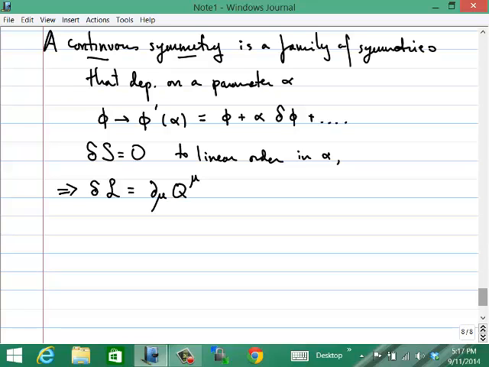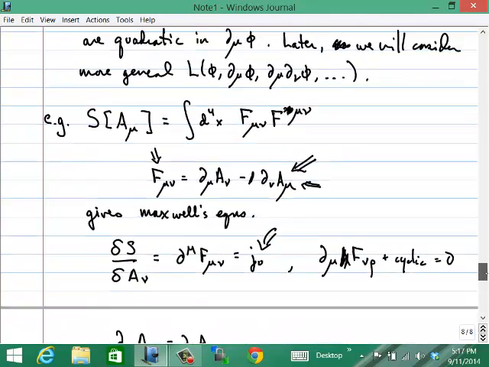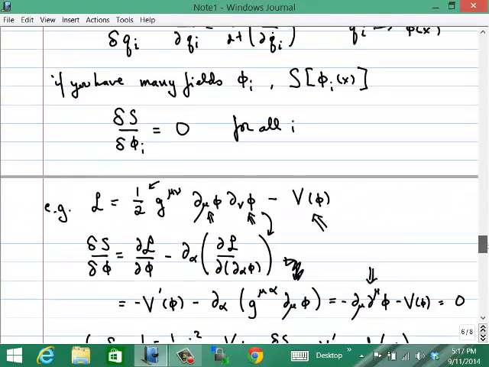But we could also go ahead and compute delta L directly. So what is delta L? Well, this is what we did on the previous, just 10 minutes ago. It's delta phi times the equations of motion, plus that term that we discarded, which was a total derivative.